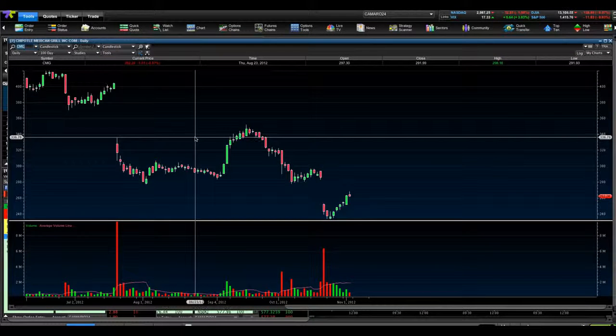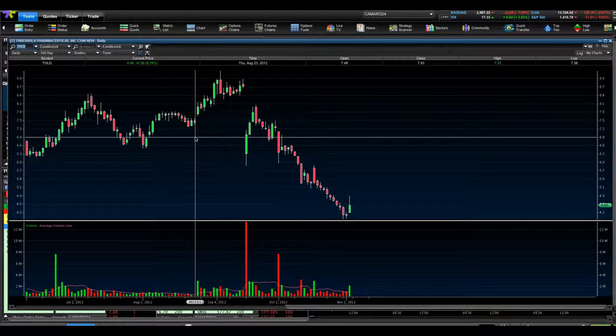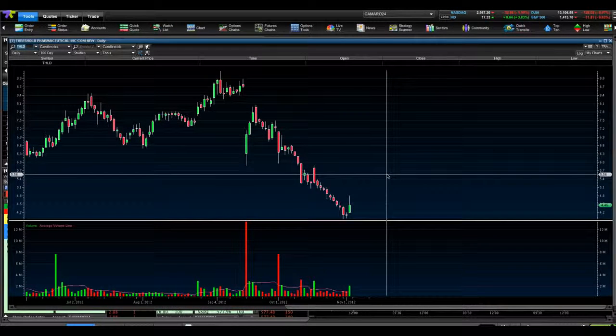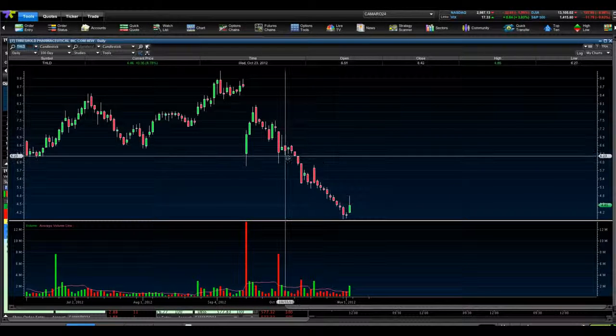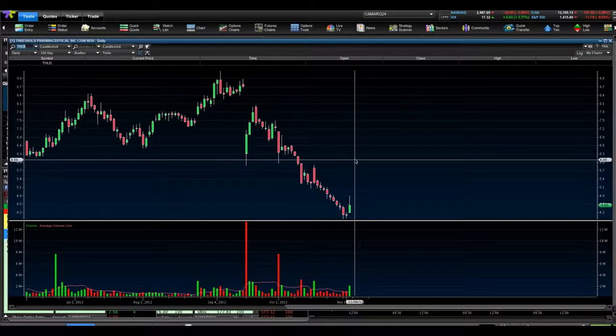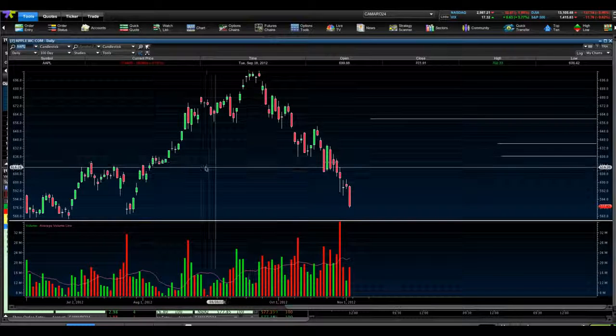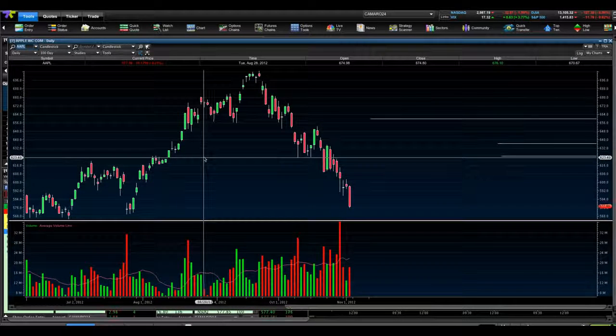Yeah, I don't really see one. Nope. But you can have island bottoms. It would be the same concept as an island top, but reversed.